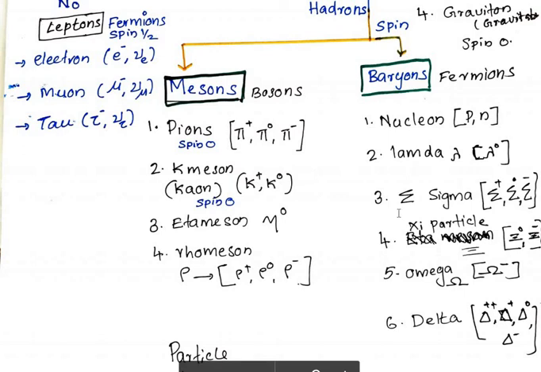Similarly nucleon, lambda, etc. These different states of a particle are known as multiplets. Sigma has sigma plus, sigma 0 and sigma minus, so it is a triplet, also a multiplet.